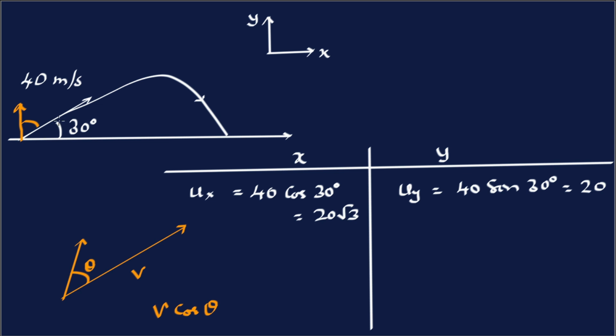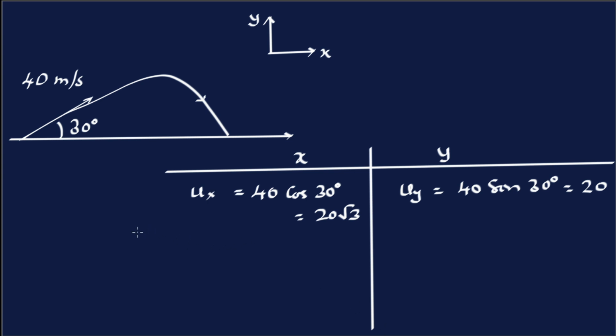So it's going to be 40 cos of 90 minus 30. Cos 90 minus 30 happens to be sine 30. So it is always cos. You never need to get confused again. Again, 40 meters per second makes an angle of 90 minus theta with the y direction. So the y component is 40 cos 90 minus theta, which happens to be 40 sine theta.